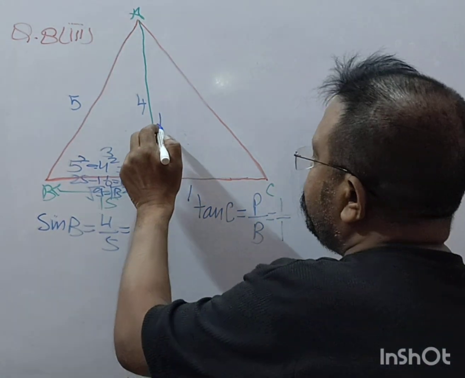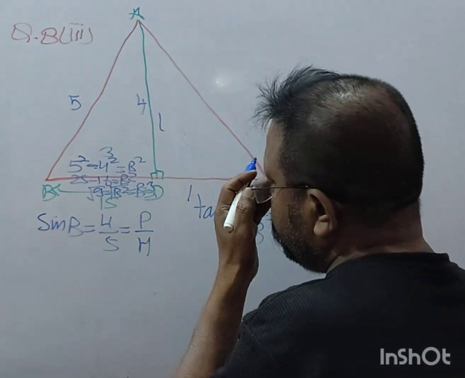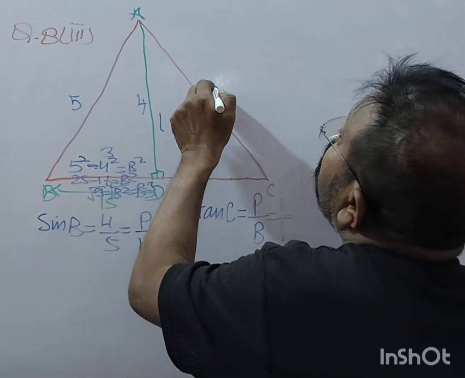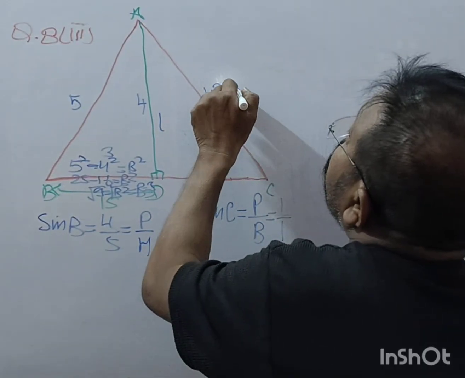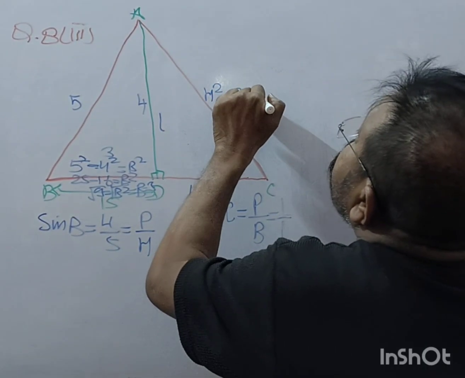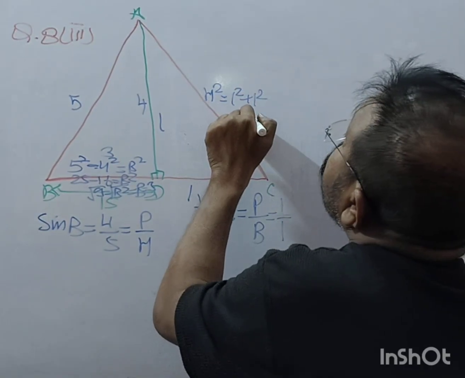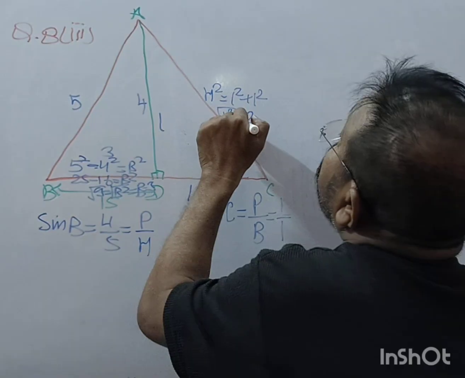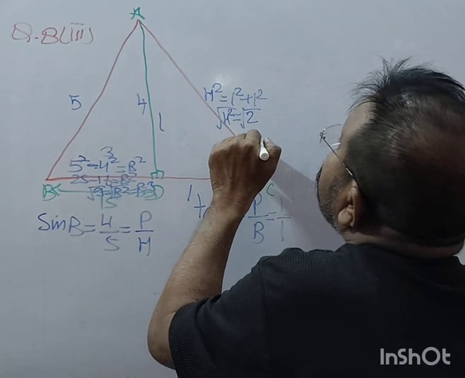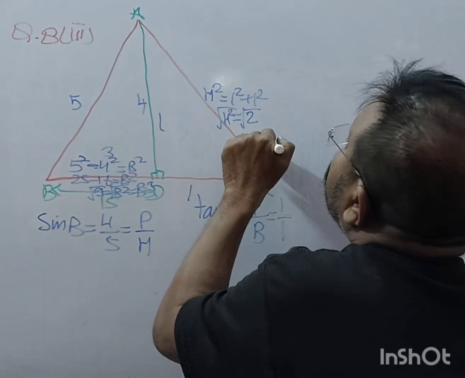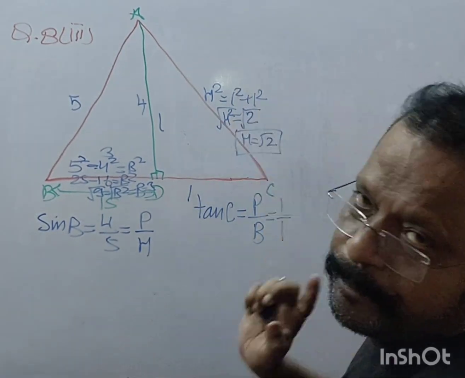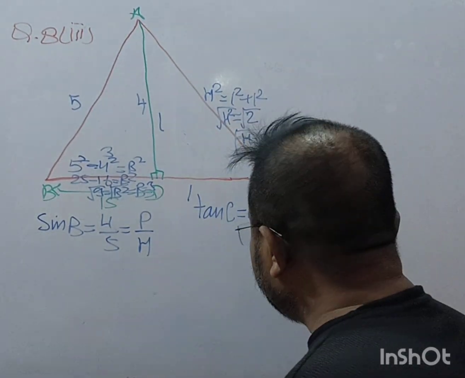Right? And in this case, this is 1 and 1. So hypotenuse square is equal to 1 square plus 1 square. So it becomes 2, h is root 2. You get this? Hypotenuse is root 2 in ratio.